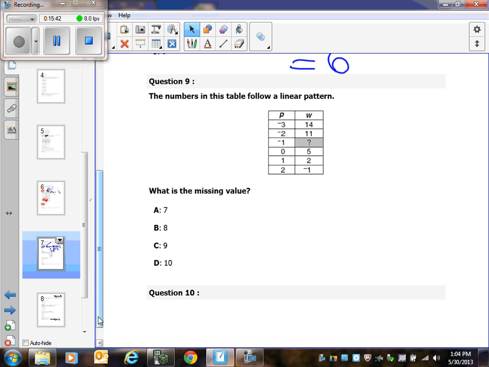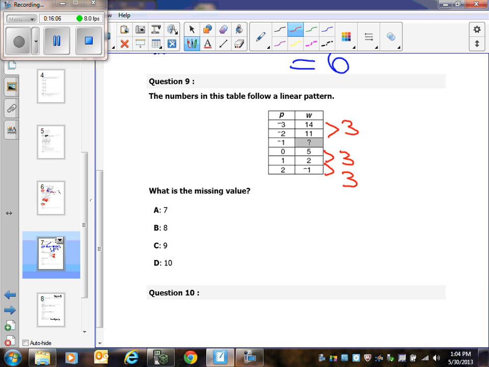Your P is decreasing by 1, but notice what's happening with this W. It looks like it's decreasing by 3. So the difference between the 14 and the 11 is 3. The difference between the 5 and the 2 is 3. The difference between the 2 and the -1 is 3.